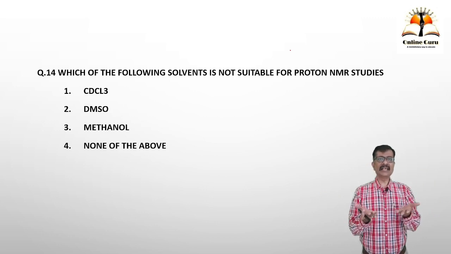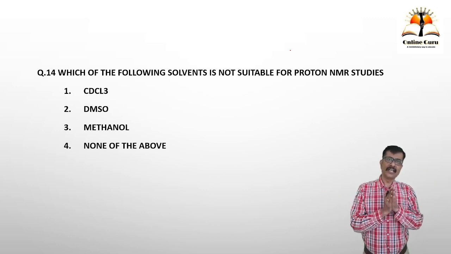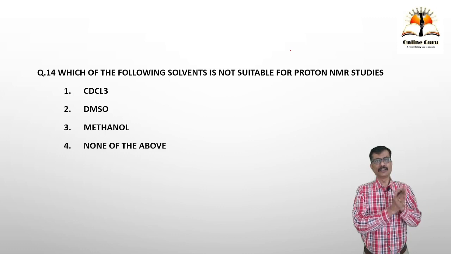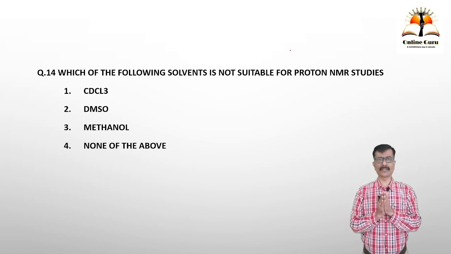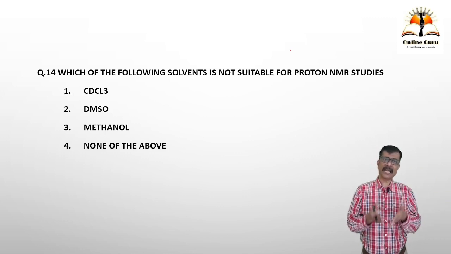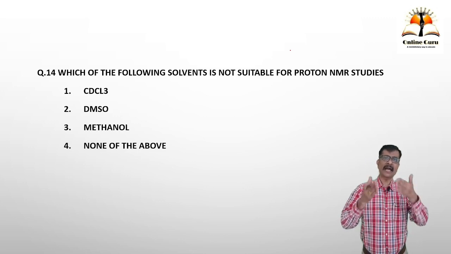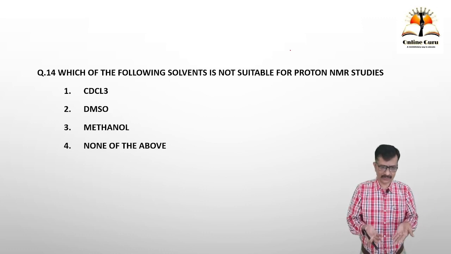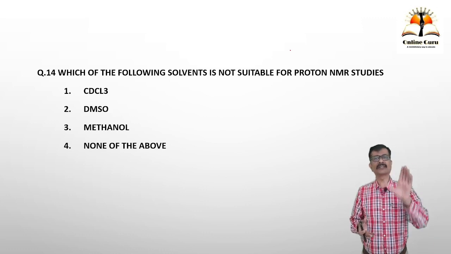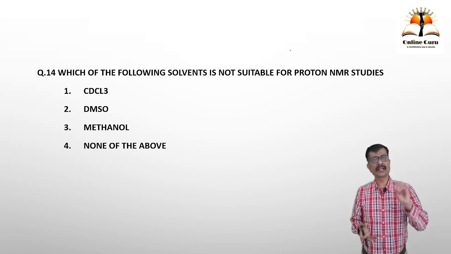Ideally the solvent should be transparent to the radiation used. In NMR spectroscopy, radio waves are the light source, and if a proton is kept in a magnetic field and radio waves are passed, it absorbs. So the solvent should not contain protons.